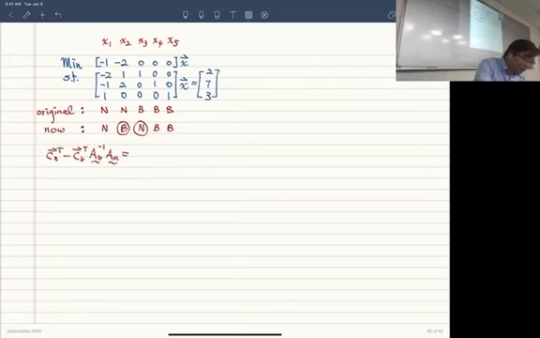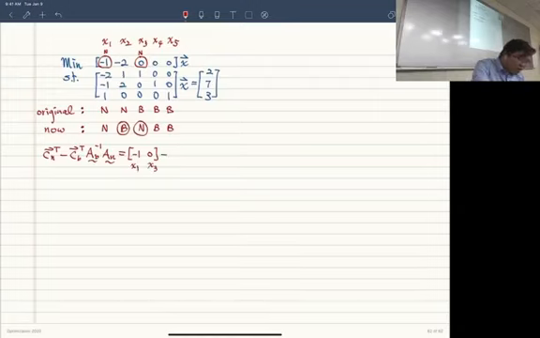Okay, so let's try it. What is my C_N? These are my N in the new decision. So my C_N becomes -1 and 0. And remember, they are representing x1 and x3. Okay, minus my C_B. C_B will be -2, 0, 0. Just follow the exact same order.